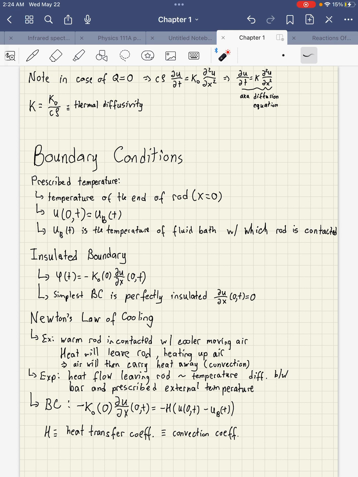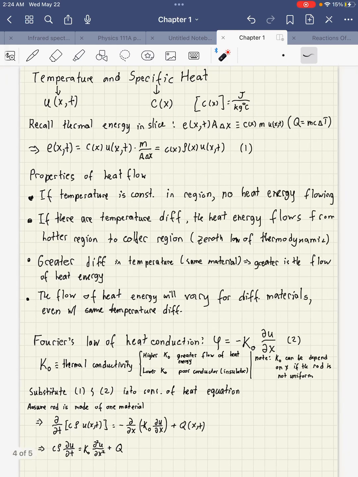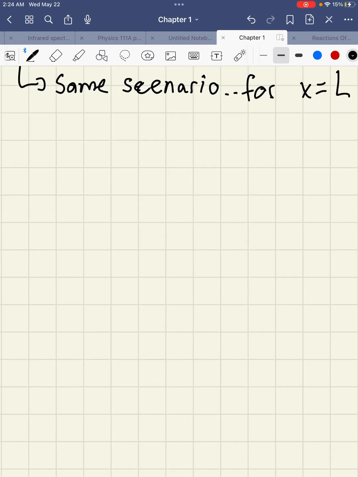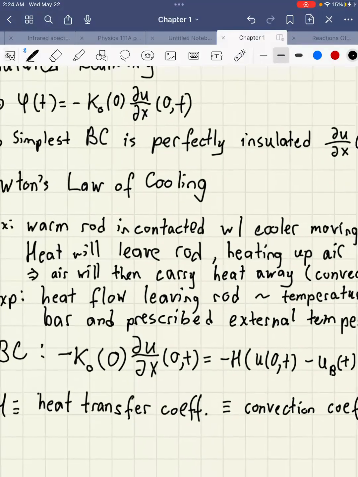Now let's look at the position x equal to L. Our boundary condition, using the same scenario, now for x equal to L. Let's construct it so we understand how we come up with this.